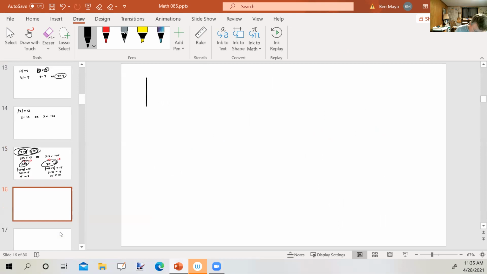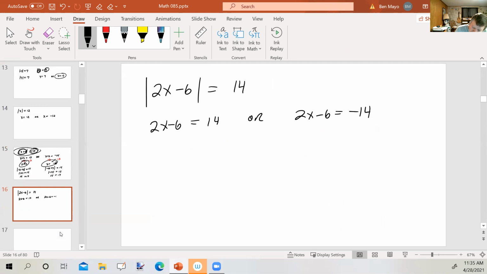Let's say we've got the absolute value of 2x minus 6 equals 14. So we've got 2x minus 6 equals 14, or 2x minus 6 equals the opposite of 14, or -14. Again, we get two equations.